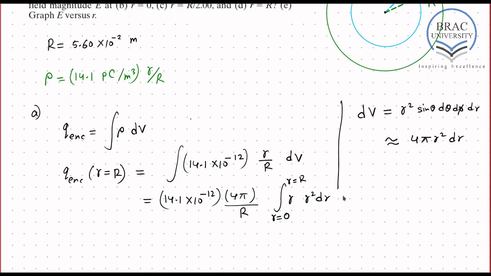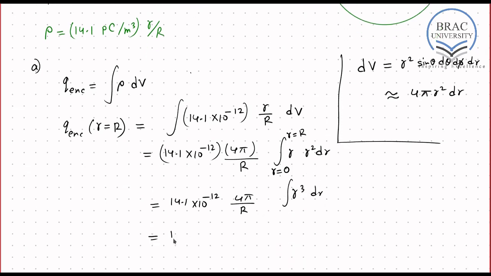Doing this integration, we get 14.1 times 10 to the power minus 12, 4 pi divided by R, times the integral of r cubed dr, which is r to the power 4 divided by 4, with limits 0 to big R.